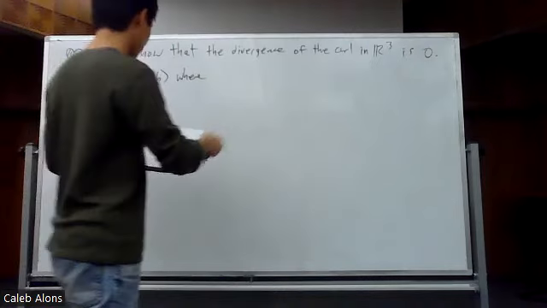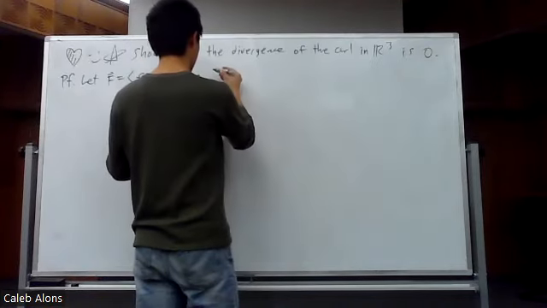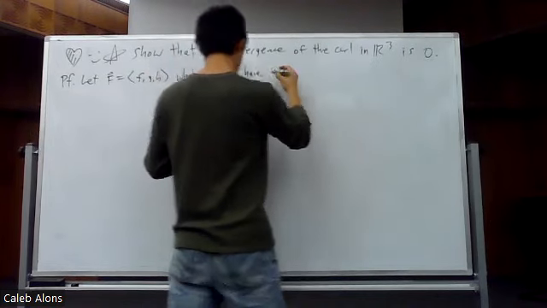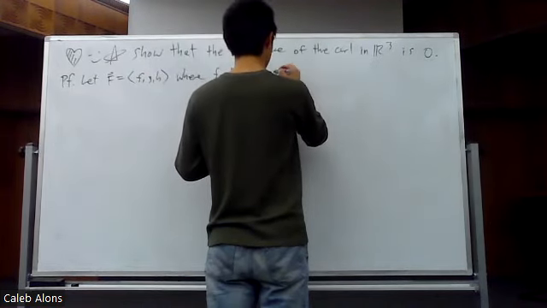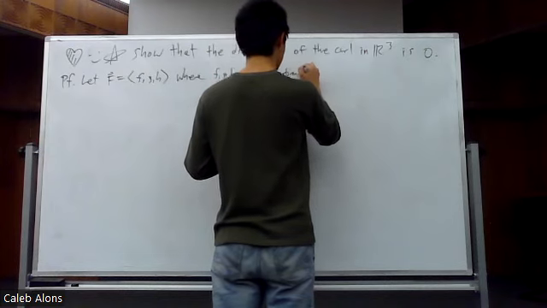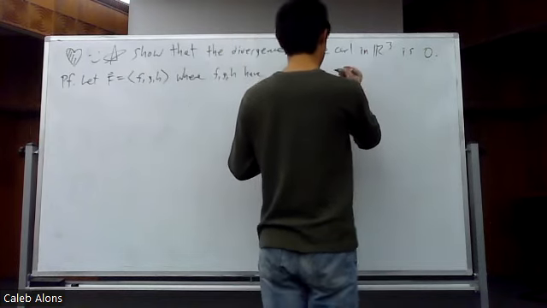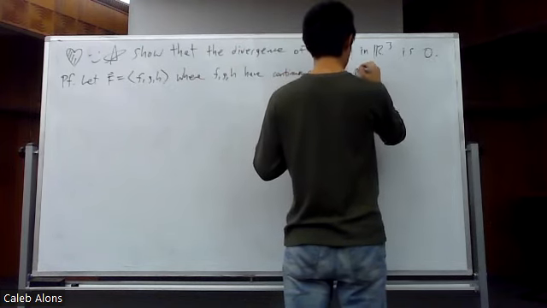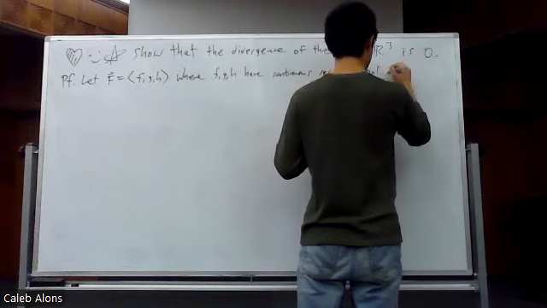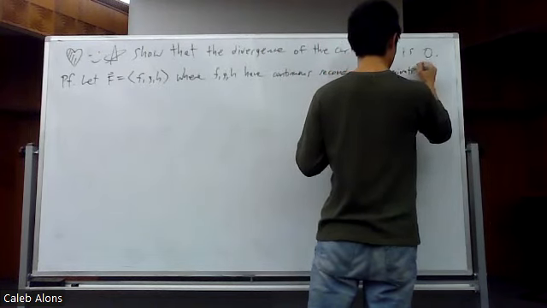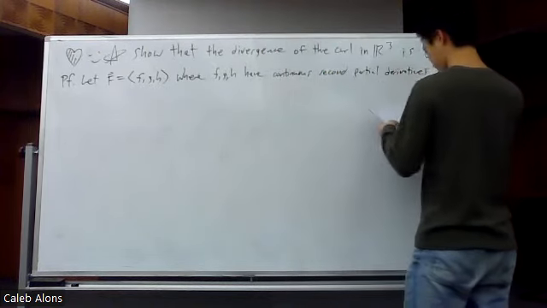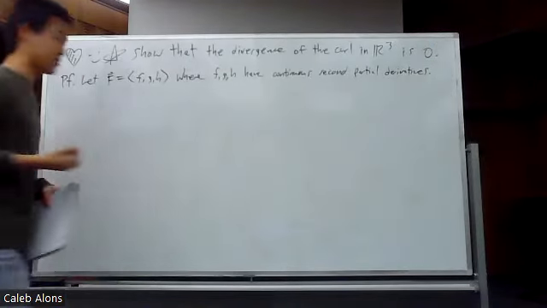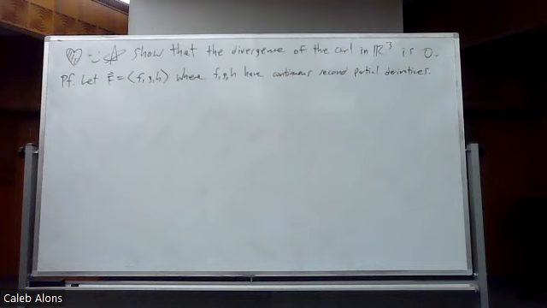So we need to make sure that F, G, and H have continuous second partial derivatives. We want our answer to actually exist. That is kind of why we have to say this.